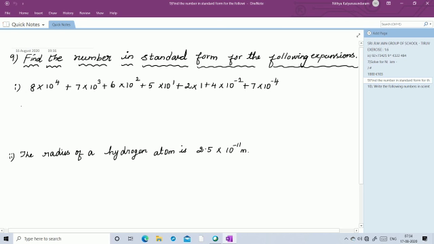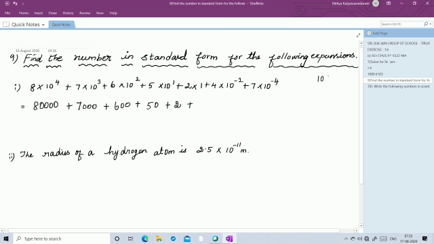So 8 into 10,000 is 80,000, plus 7 into 10 cubed, which is 1,000, so 7,000, plus 6 into 10 squared, which is 100, so 600. So 5 into 10 power 1, so it's 10, so 50.